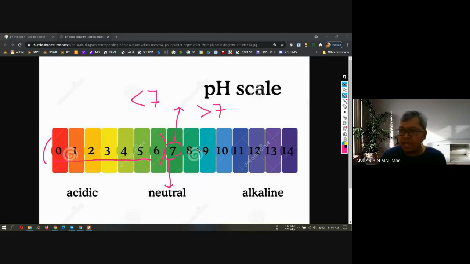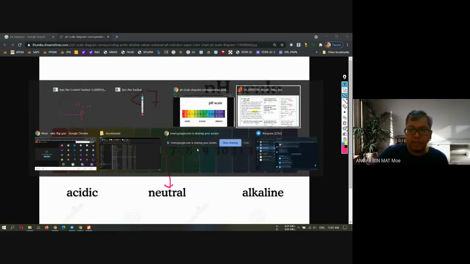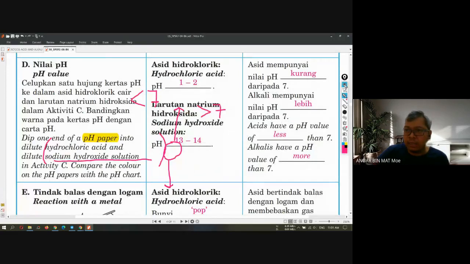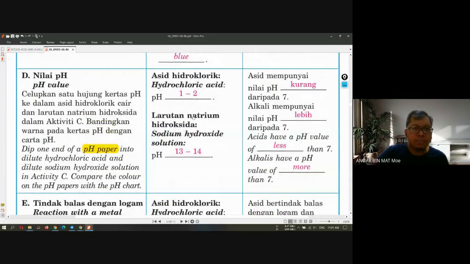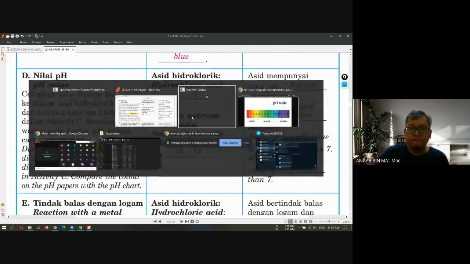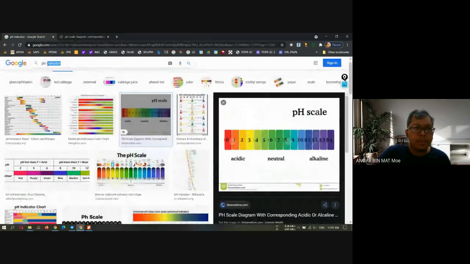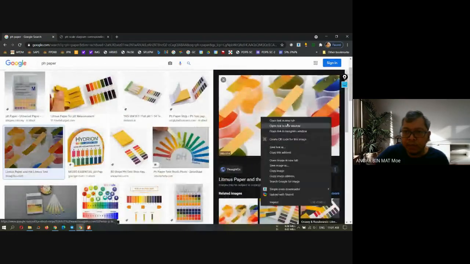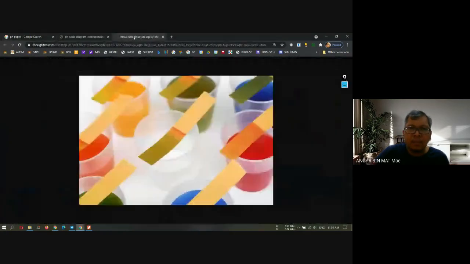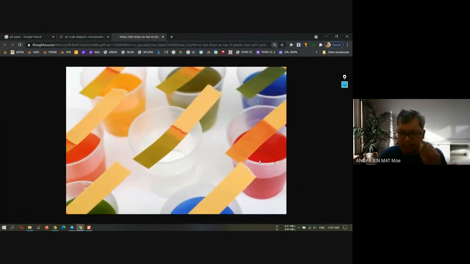Because when you put pH paper, for example, if you try to dip or touch the filter paper into a substance, it will change the color.